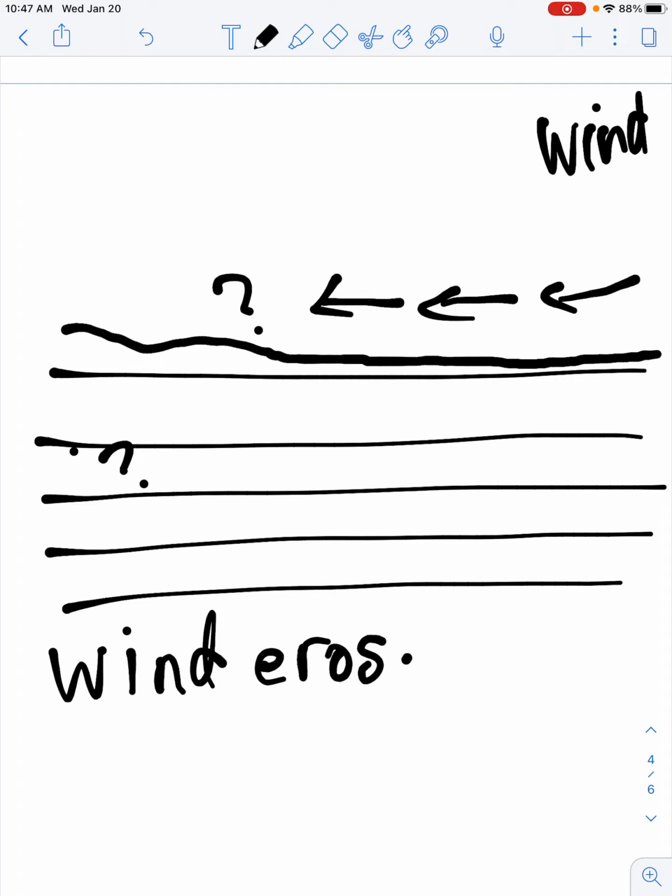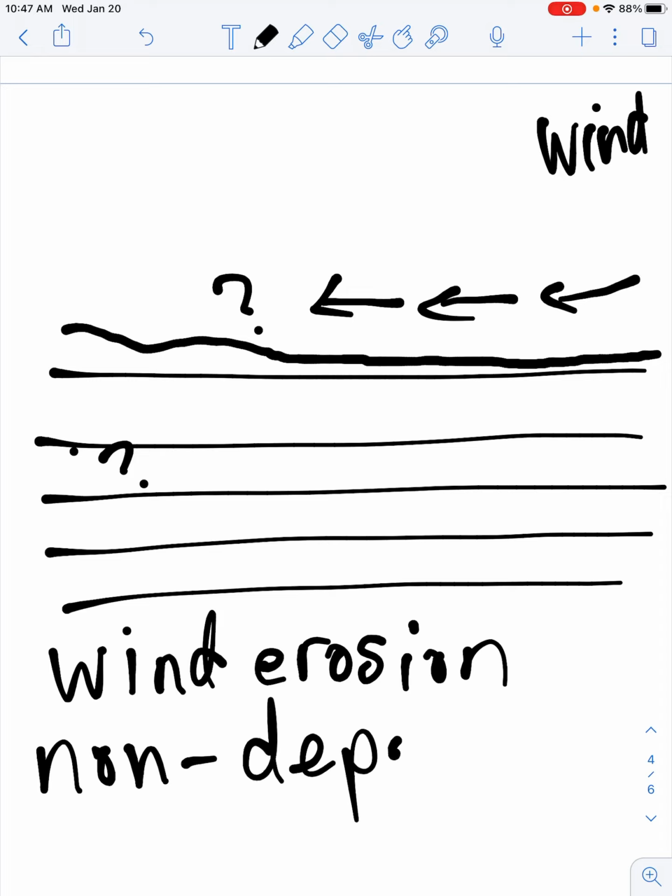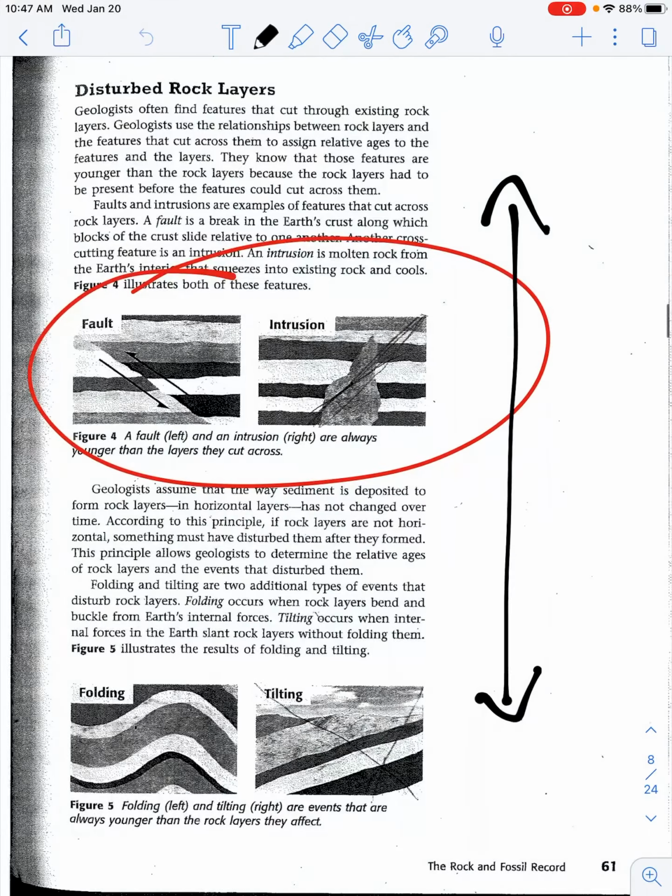Or water erosion? Or something called non-deposition, like it never even got laid down? So we're trying to figure out what happened. Really, scientists are looking at these rock layers and the fossils in them to solve the mystery of the Earth's story. So let's go back and read some more.